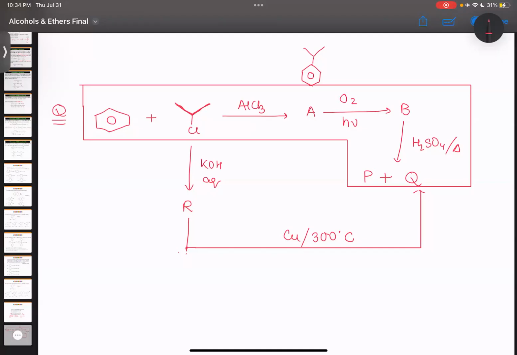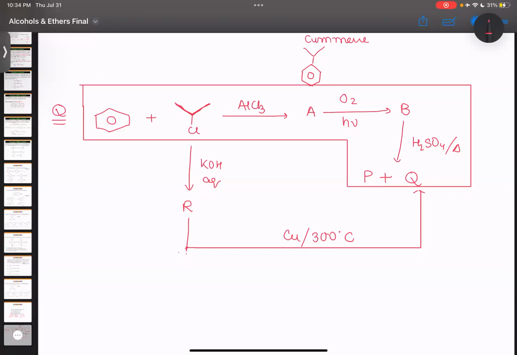Later you are reacting with oxygen, some method for the preparation of phenol. So A is isopropyl benzene. Oh yeah, cumene. This is cumene.